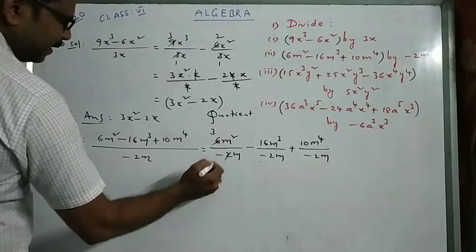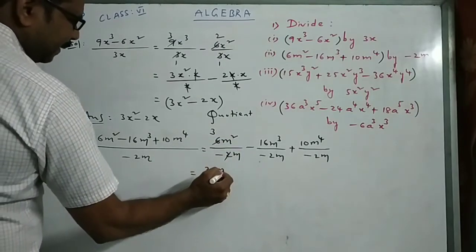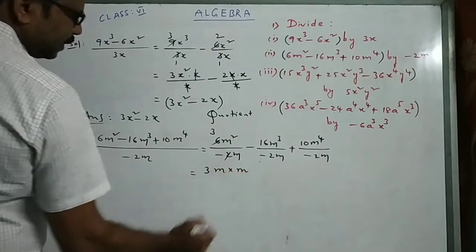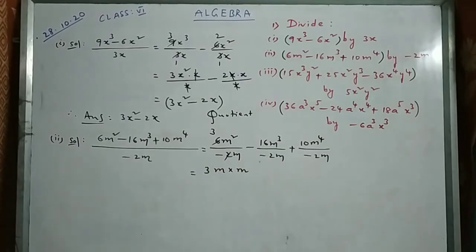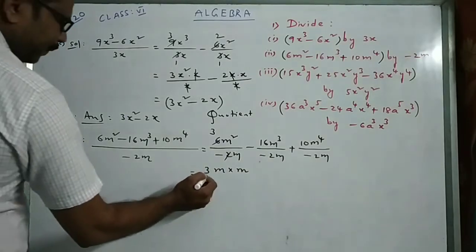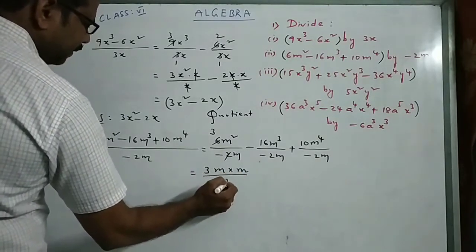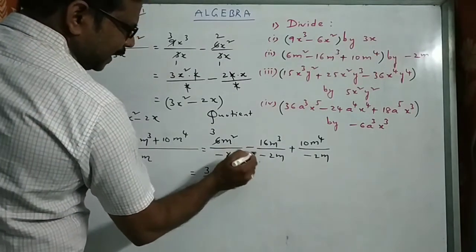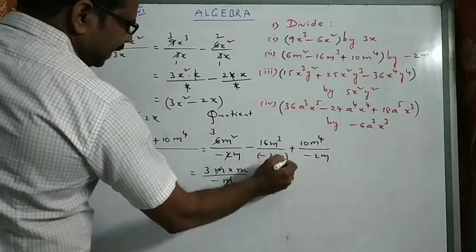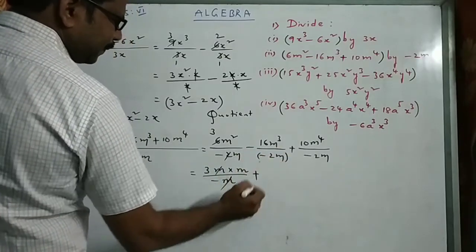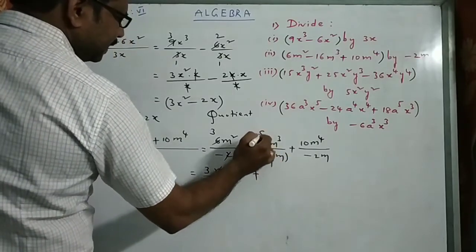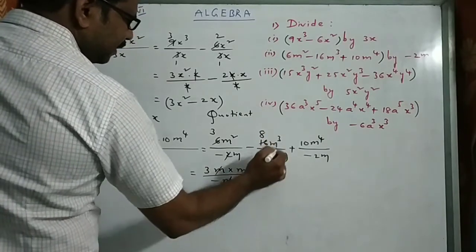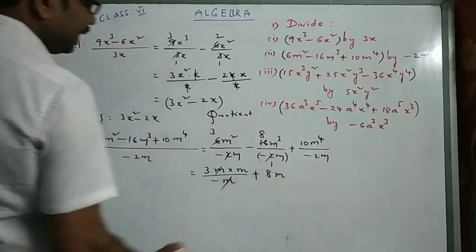So 2 ones, 2 threes we can cut. So 3 is there. M square I can write m into m. Can we write like that? M into m, m square upon minus m. Now you can cut one m. Minus into minus. Here you see minus into minus, plus. 2 ones are, 2 eights are, 8 is there. M cube can I write like x cube.